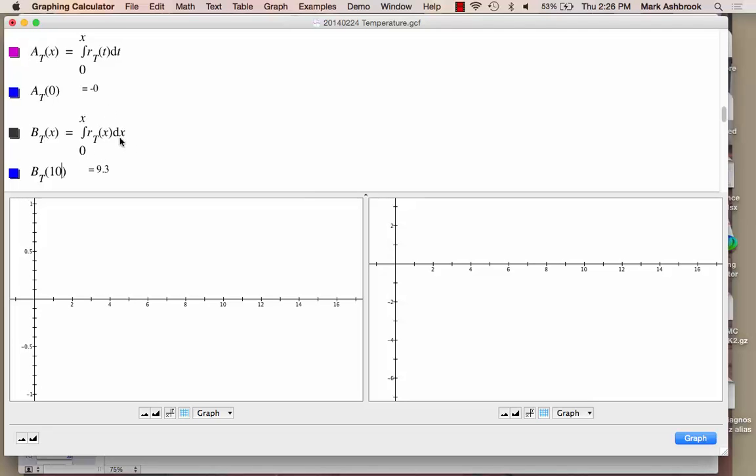Now, dx means a really small change that has nothing to do with the 10. But how would you rewrite this for an independent variable of 10? It would equal... so here, B of 10 equals what?